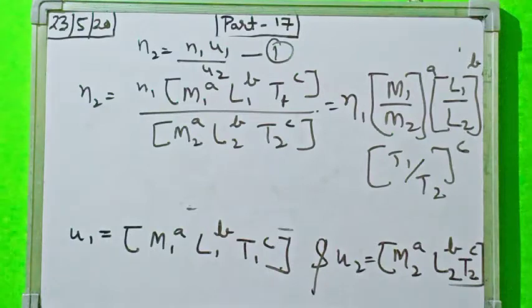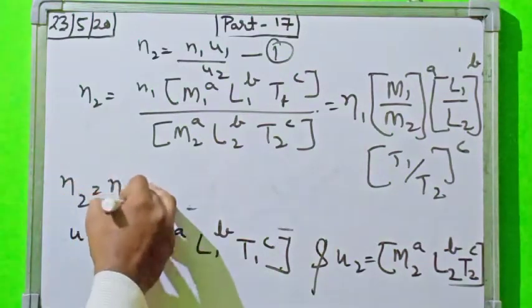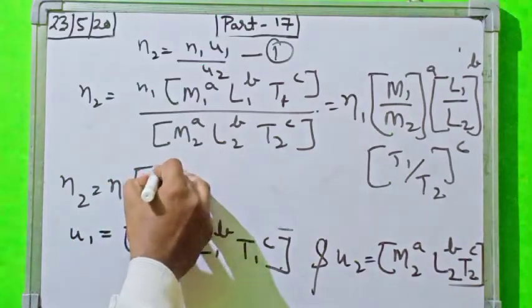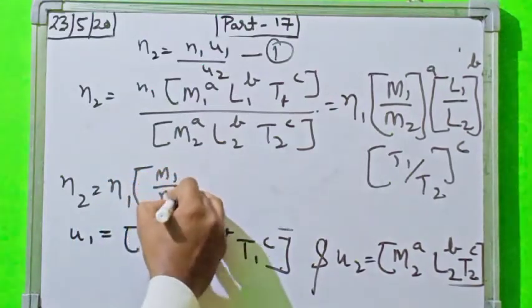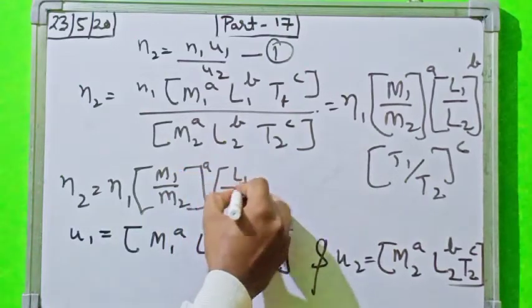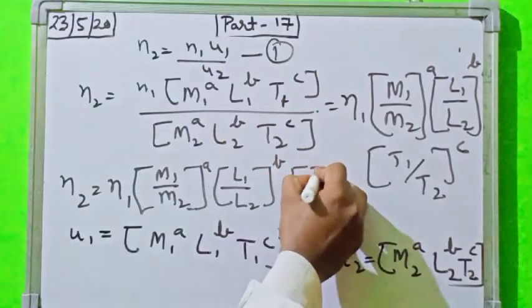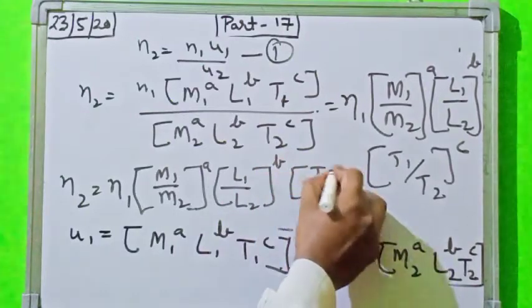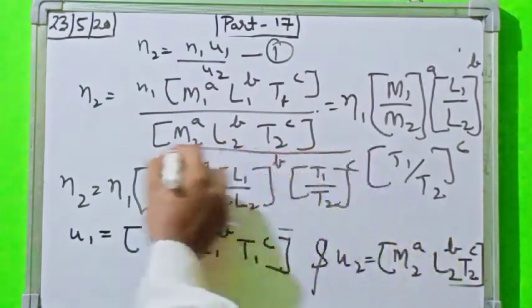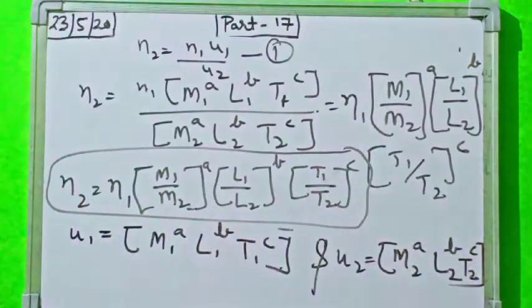So n2 can be written as n1 times m1 upon m2 to the power a, l1 upon l2 to the power b, and t1 upon t2 to the power c.